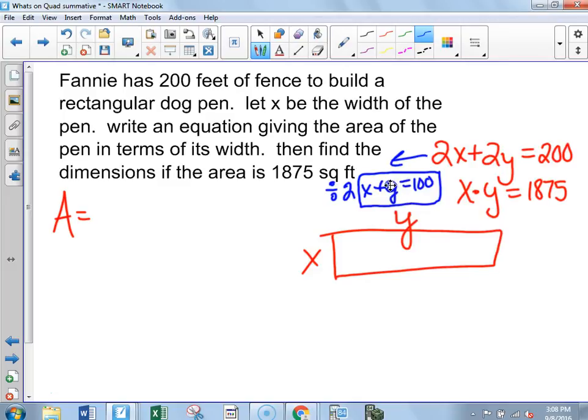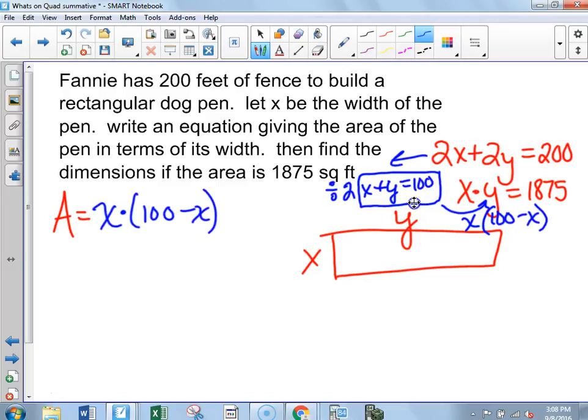So if I moved that x over to the other side, I could replace this y here with what? Be careful, 100 minus x. So the expression you would look for would be one like this. Did I skip too many steps?